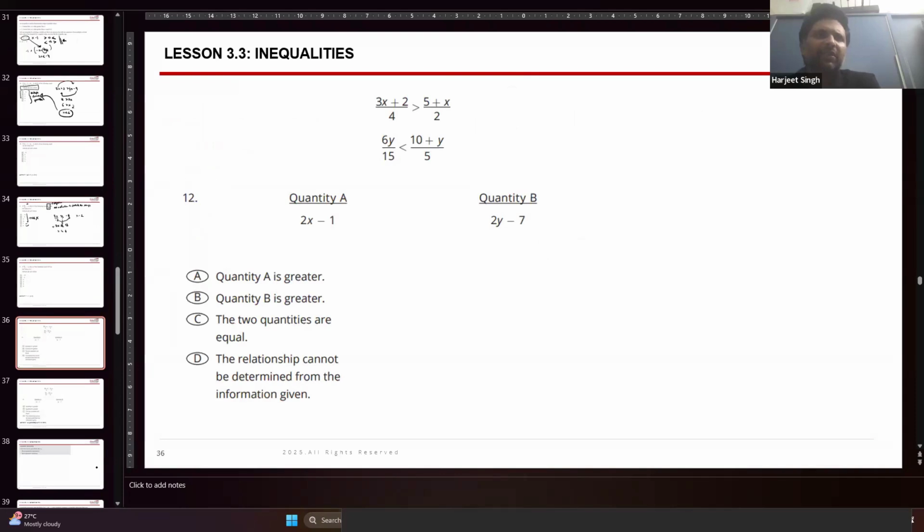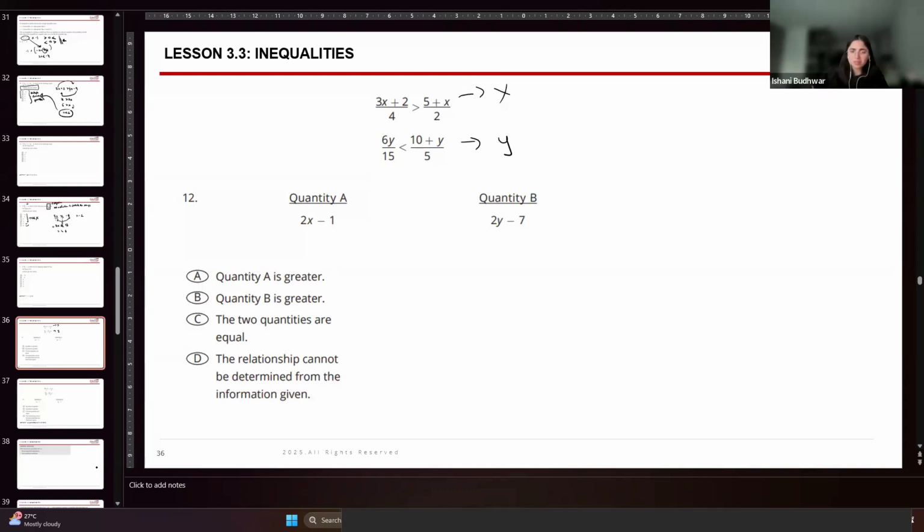All right, next question. A quant comparison. There are two inequalities given. One involves only x variables, the other involves only y variables. So these can be easily simplified in terms of x and y. Can we simplify the first inequality?